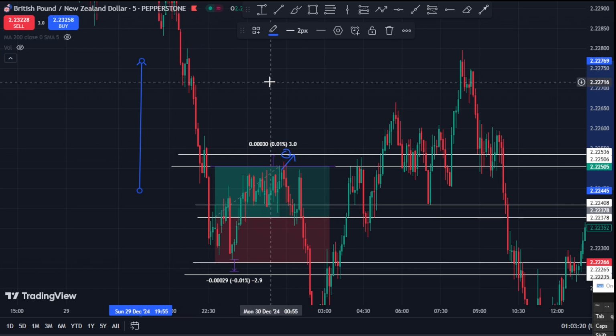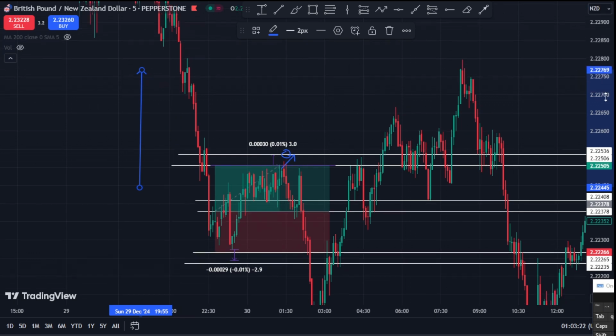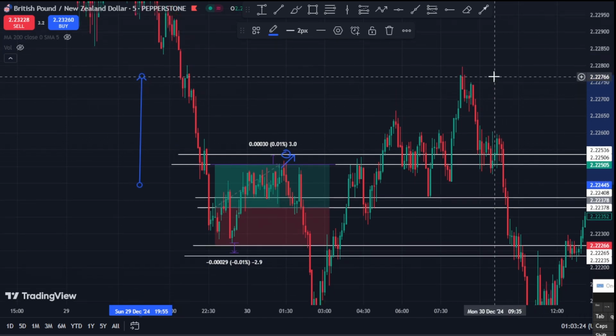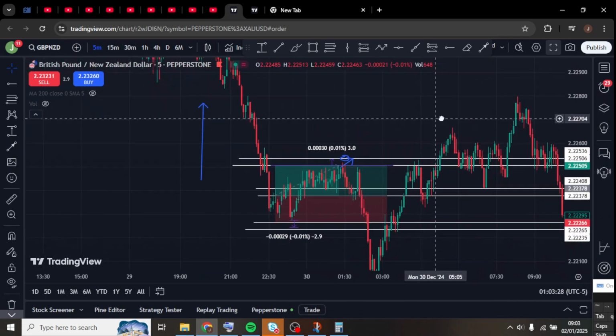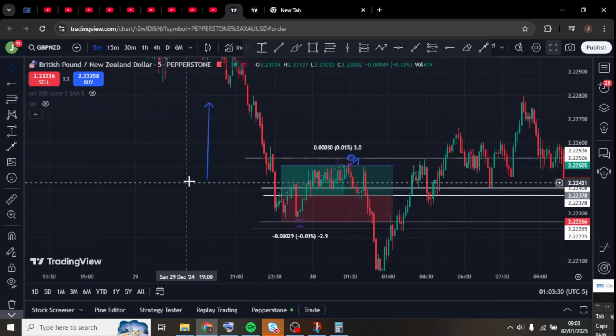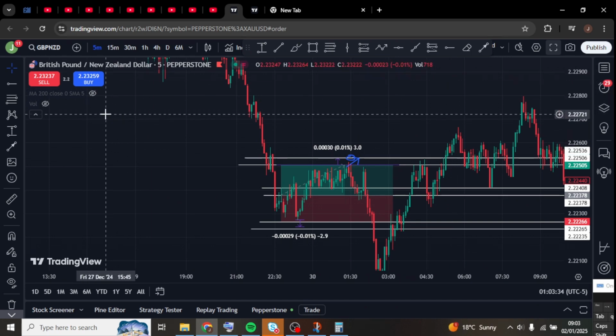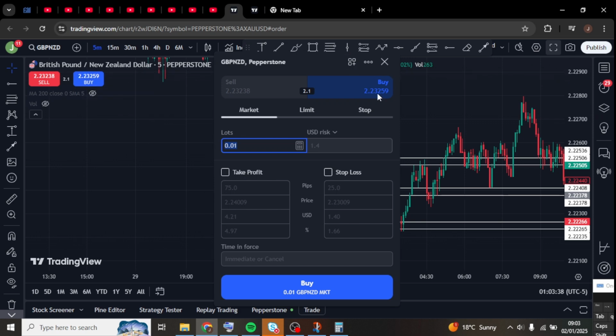And another way of dealing with spreads is trading another pair. Those 5 major pairs usually have very little spreads. So this is what I want to show you.